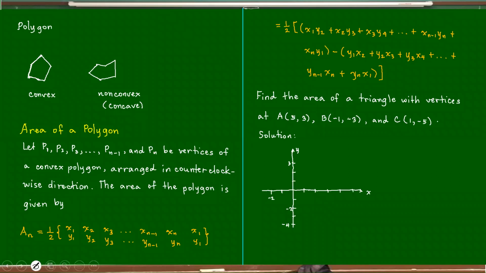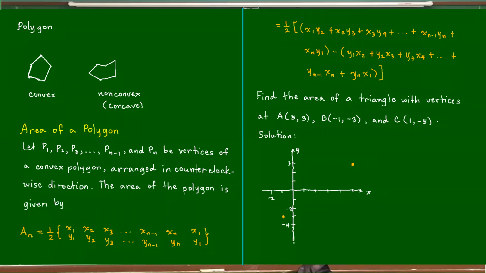Plotting the points. 5, 3, somewhere here, no? Then -1, -3, around here. The last one, 1, -5. I have to extend the y-axis.